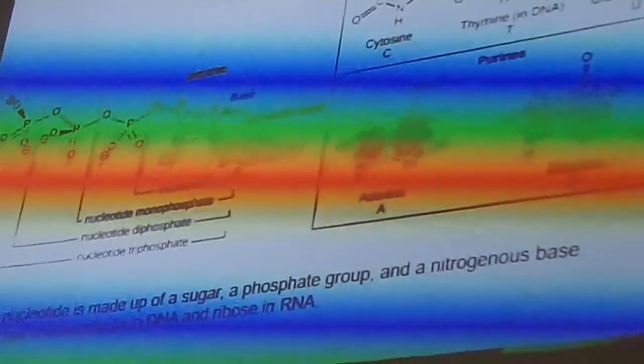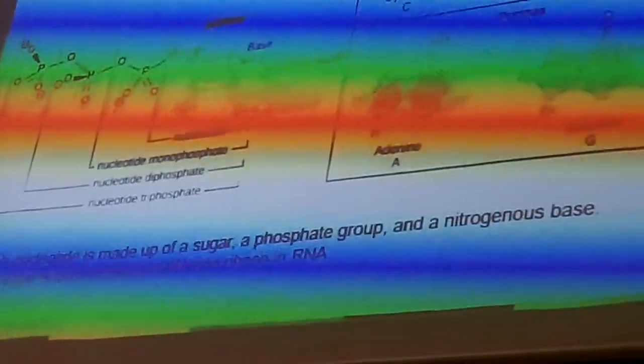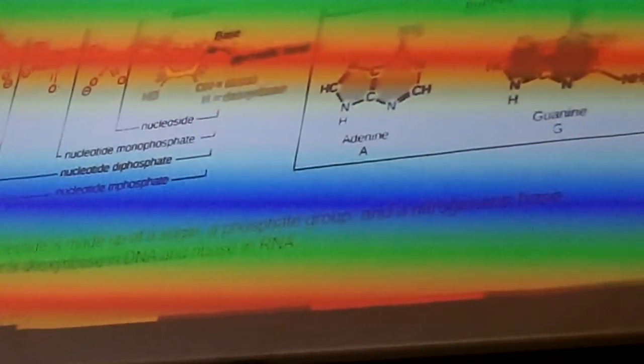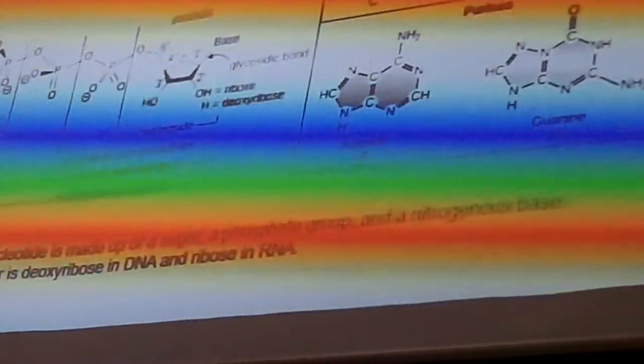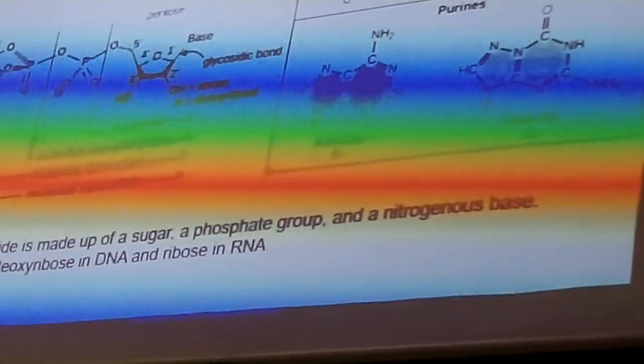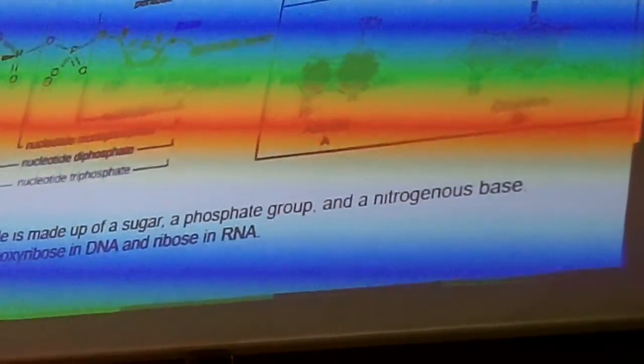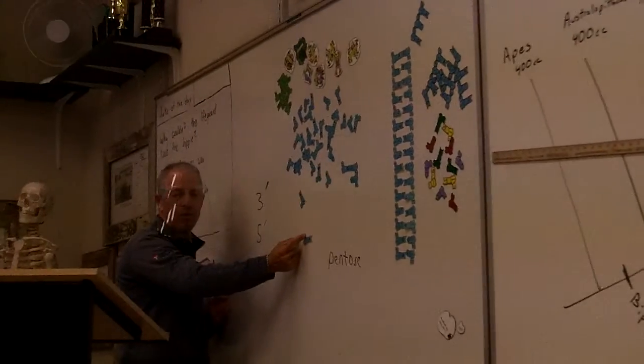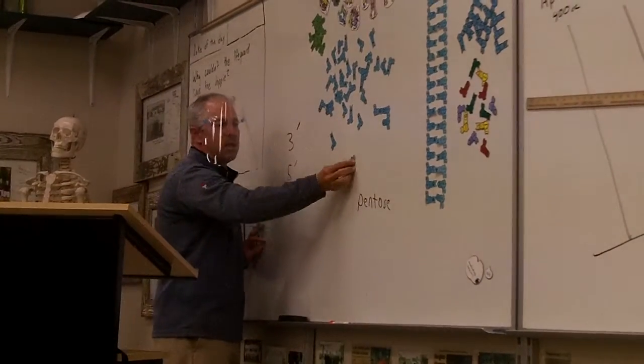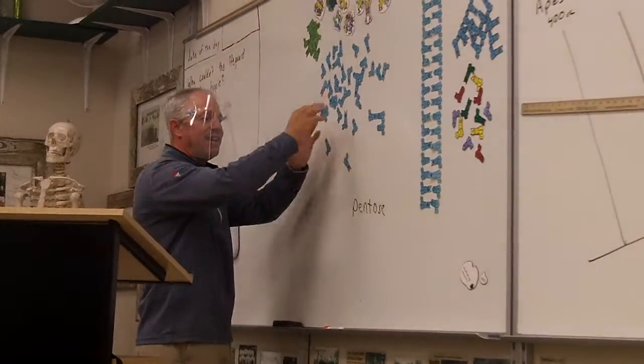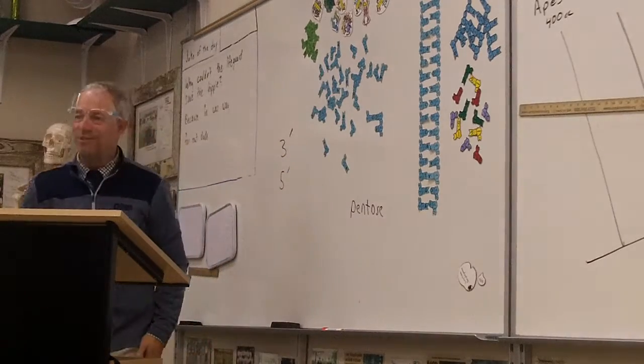And it's got phosphate groups. It's ATP. See how it has 3 phosphate groups? ATP is just basically one of these adenines with 2 more phosphate groups. So ATP is basically a nucleotide that's a little bit special.